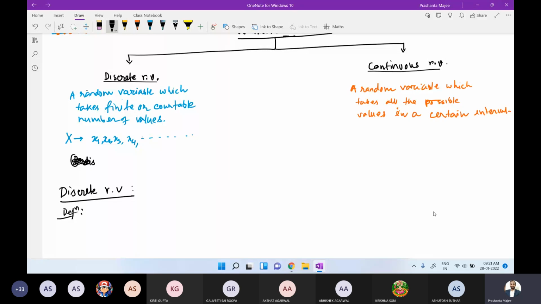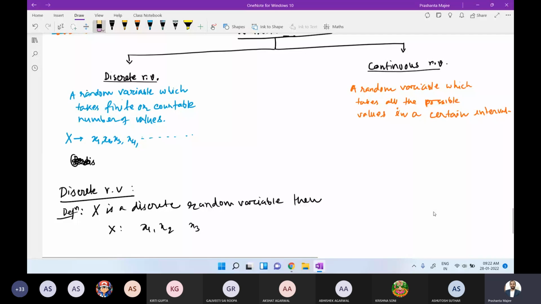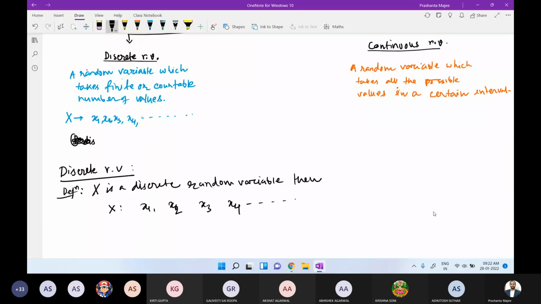If X is a discrete random variable, then with this notation X equals x1, x2, x3, x4 and so on, and P of X equals xi, that is the mass, it is p1, p2, p3, p4 and so on.